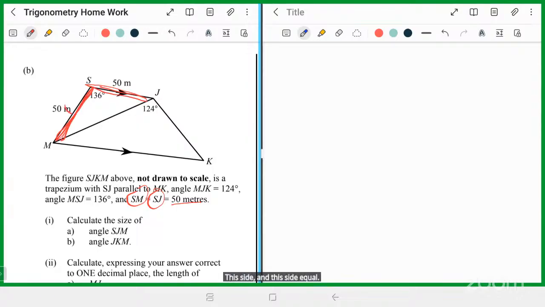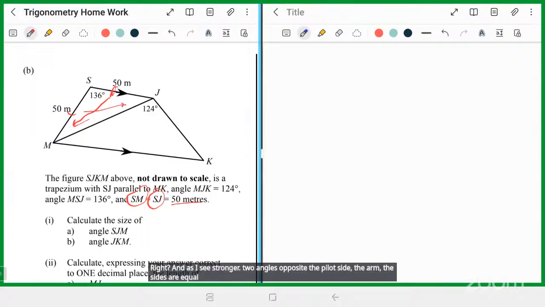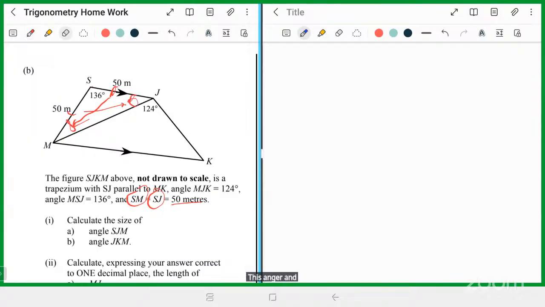And so we have an isosceles triangle. In an isosceles triangle, the two angles opposite the sides that are equal must be equal. This angle and this angle are equal in that isosceles triangle. That's two equal sides and two equal opposite angles.